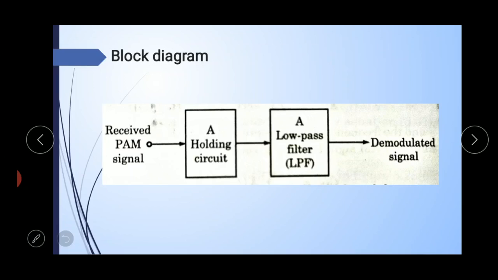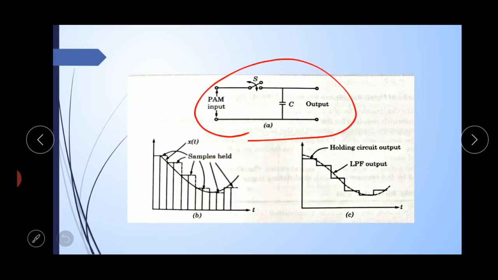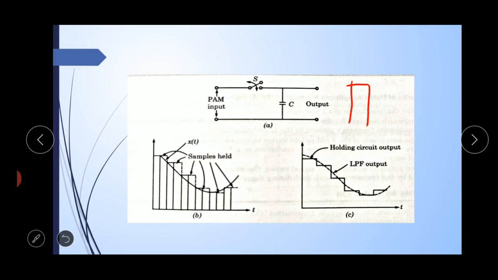In the holding circuit, this one is the internal diagram of the holding circuit. In the holding circuit, the switch S is closed after the arrival of a pulse, and it is opened at the end of the pulse. If this one is the pulse, then the switch is closed for this duration.